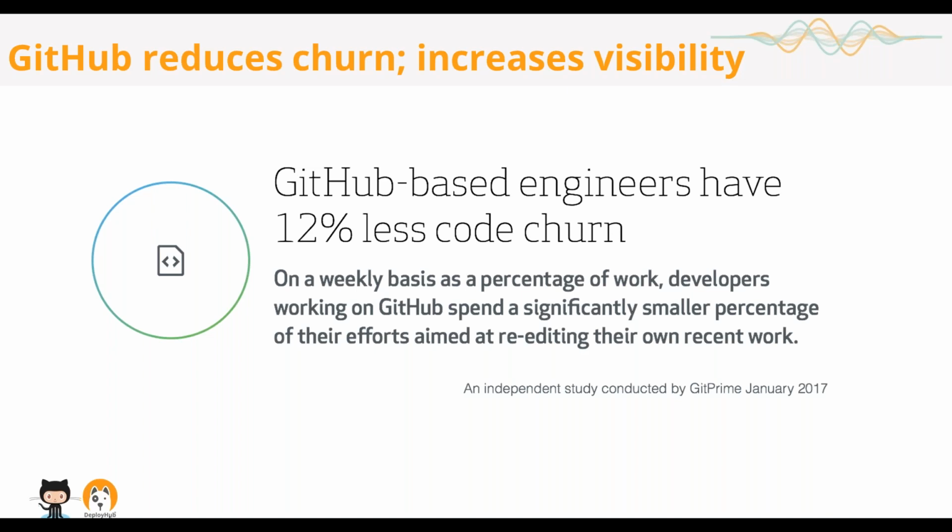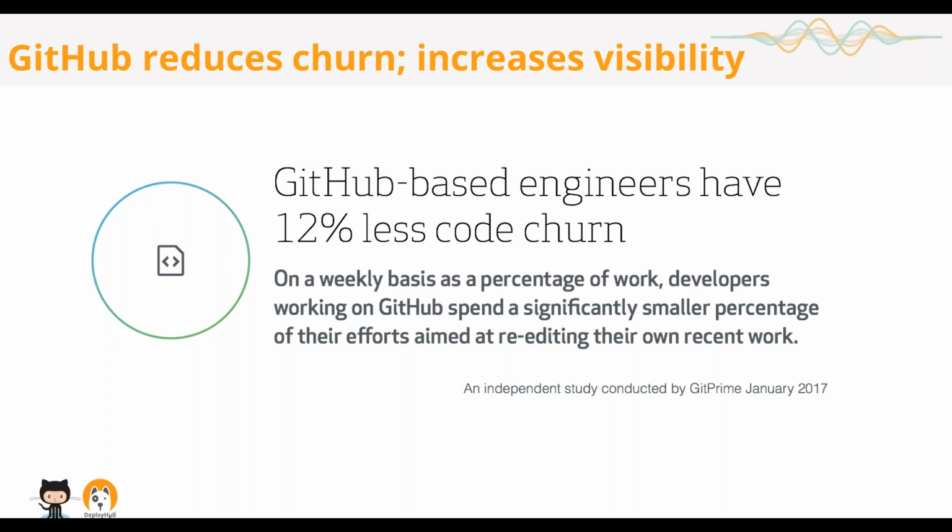And they found that developers that have gone to GitHub from other legacy systems, on average, reduce code churn by at least 12%, depending on the organization. So we can already see that from a metric standpoint, there's a tangible benefit by developers moving into this mindset.